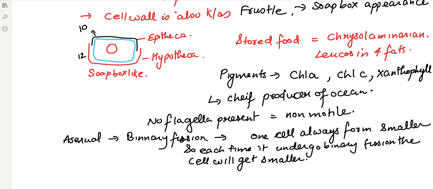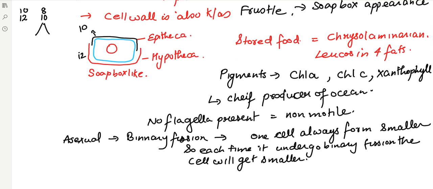Whenever binary fission takes place, both of them will start acting as hypotheca. This epitheca will start acting as hypotheca. So there will be a cell of 10-12 size, and another of 10-8 size, because this will be acting as hypotheca now.